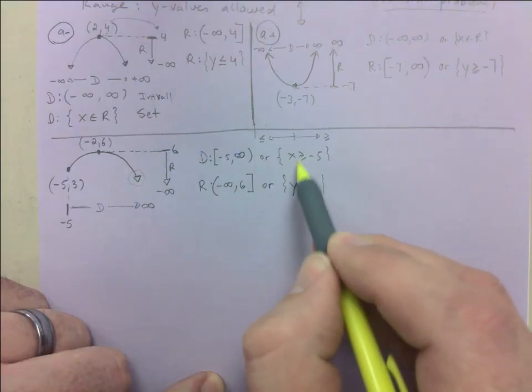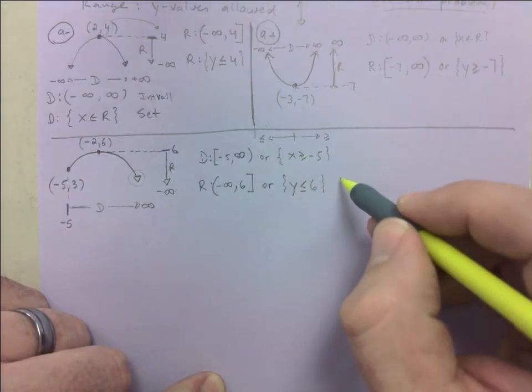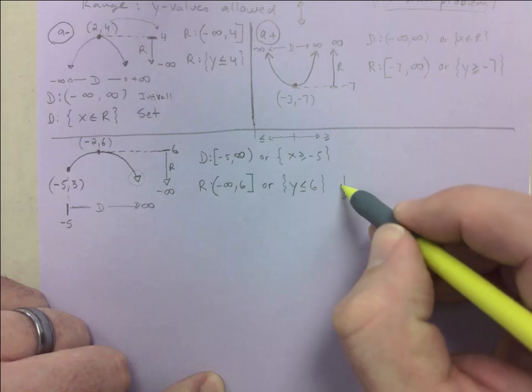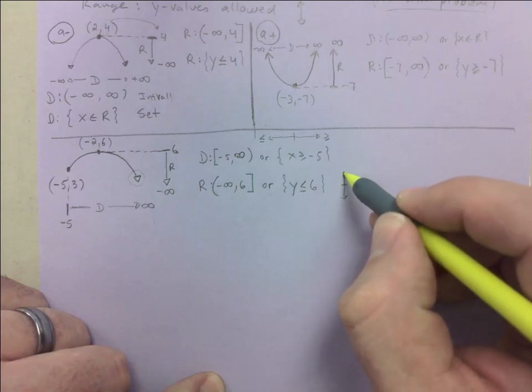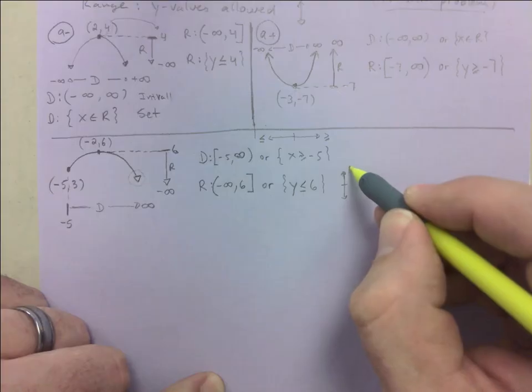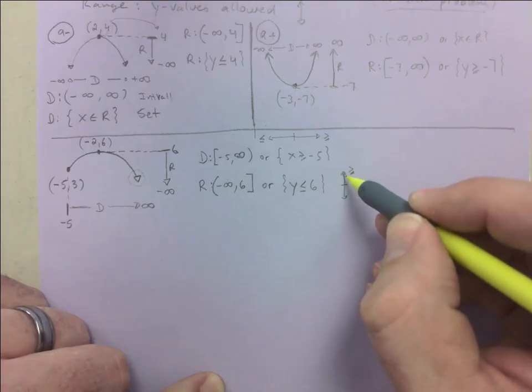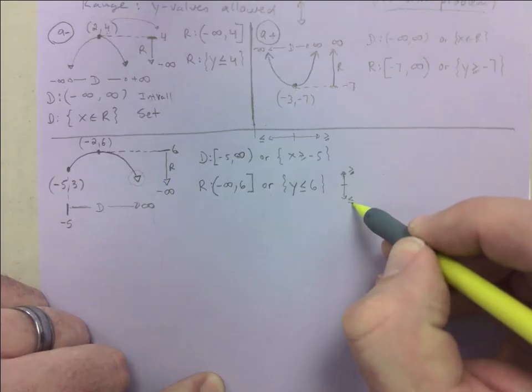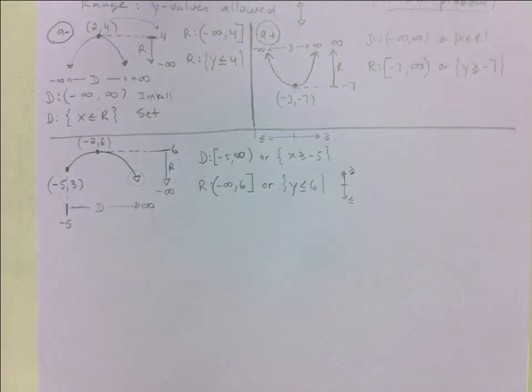Okay, for your domain. For your range, if this is like the origin, anything above will be greater than or equal to. Anything below will be less than or equal to. So if that's something you need as well, add that to your study sheet under domain and range.